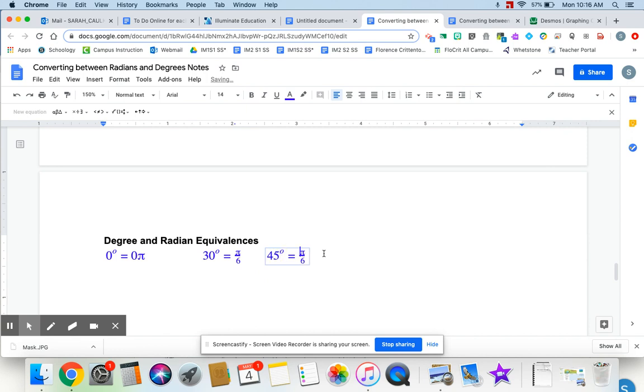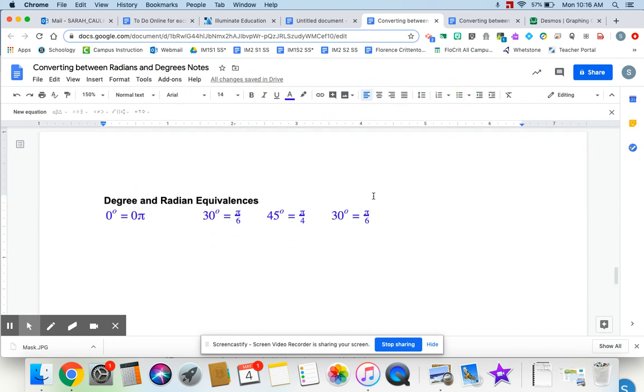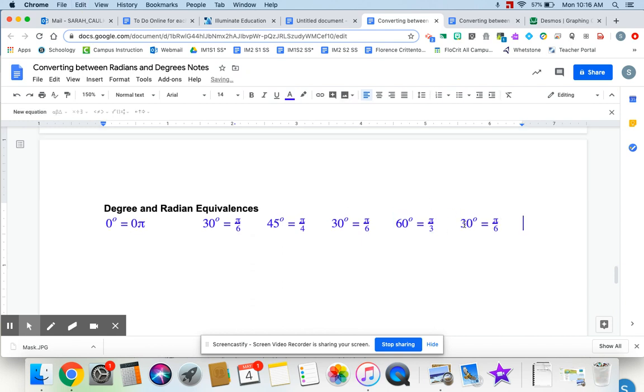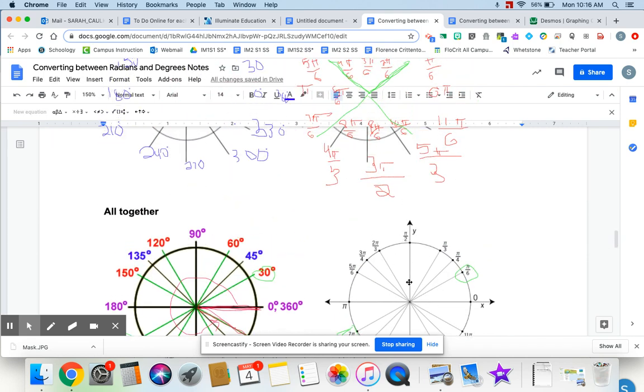So 45 is pi over 4. Next, pi over 3 is 60. Next, pi over 2 is 90.